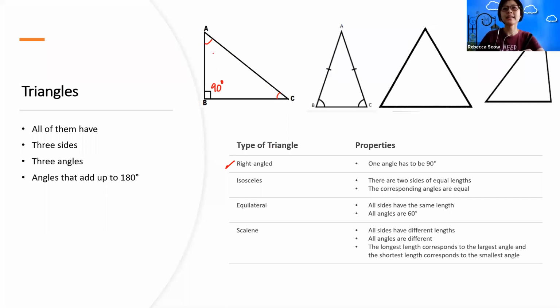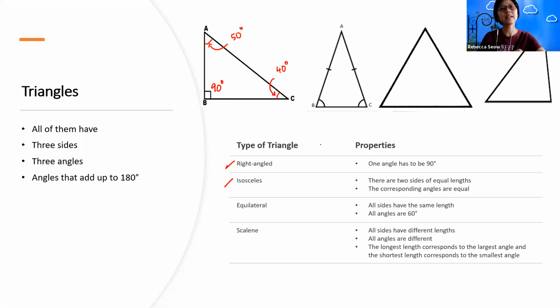So let's say if angle BAC is perhaps 50 degrees, then we will say that angle ACB will be 40 degrees, such that when you add up all three angles, it will be 180 degrees. Now, we move on to the second type of triangle, which is called the isosceles triangle.